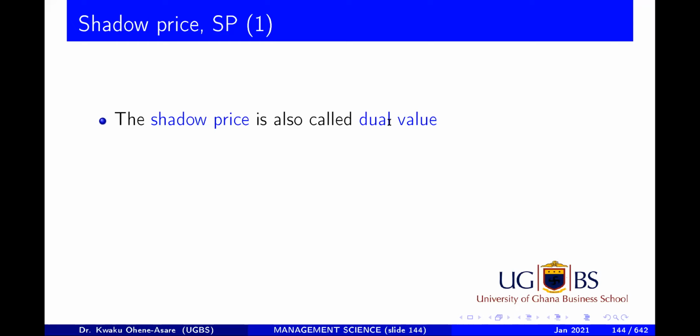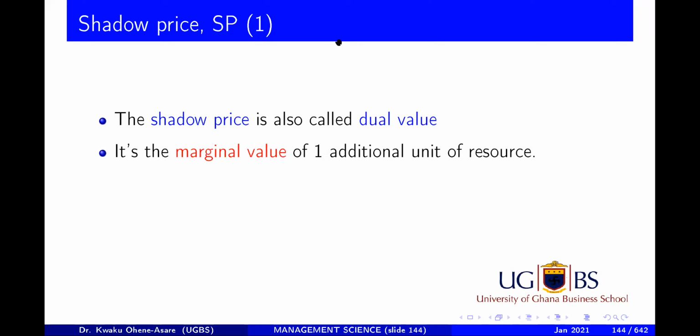I want you to repeat this because it sometimes can be a little bit confusing. It is a marginal change, or the marginal value of 1 extra unit of resource. When I say it like this, you might not understand because it sounds very economic.